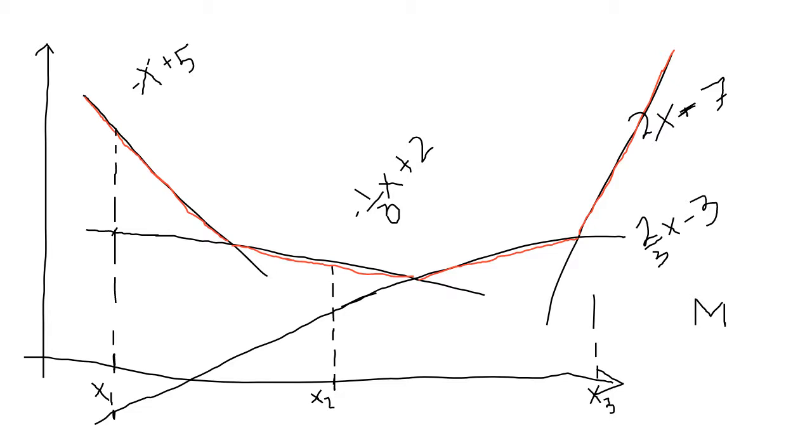Can someone tell me the derivative of the red function at x3? At x3, it looks like it's going into the 2x territory, so it'll be 2. Fantastic, that is correct. So this line is the maximum. Okay, for 2 more, 1 is here, so x4. What about x4?